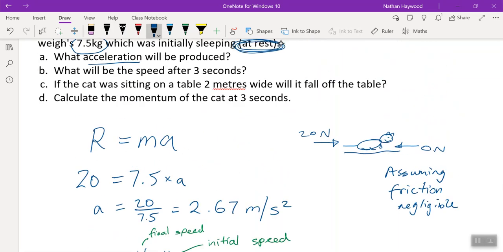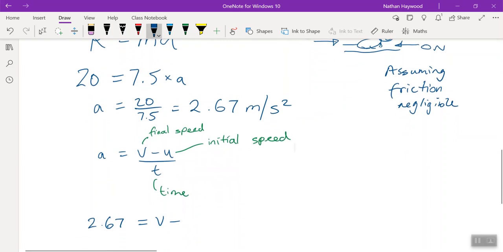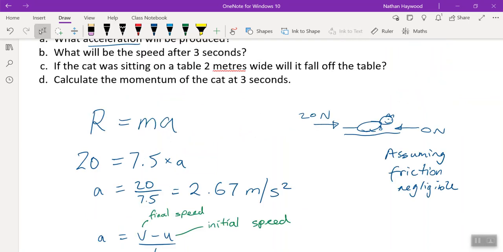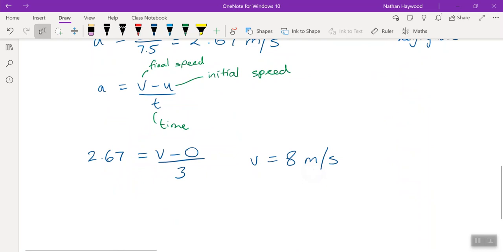It's 0 because it says the cat's at rest. So the cat's not running away yet, or it's probably too late for kitty cat. So if we rearrange this, bring the 3 over, 8 meters per second.